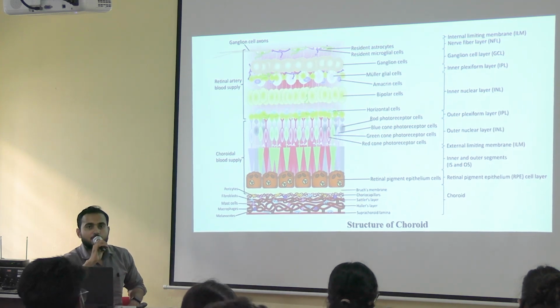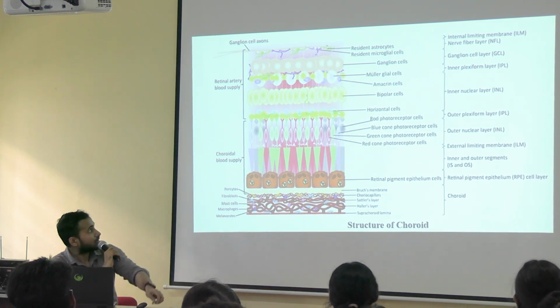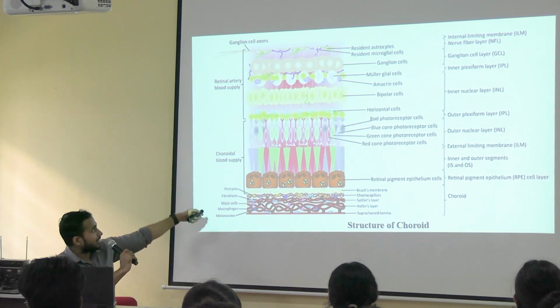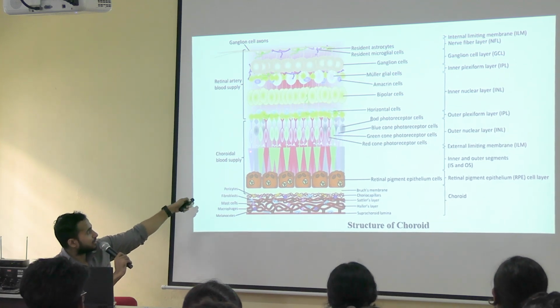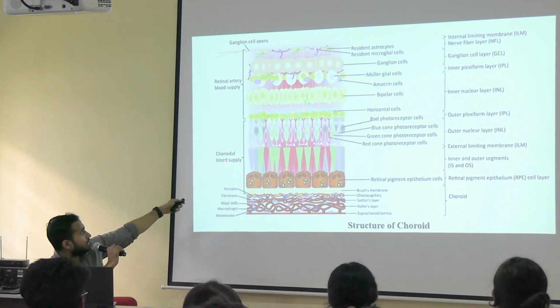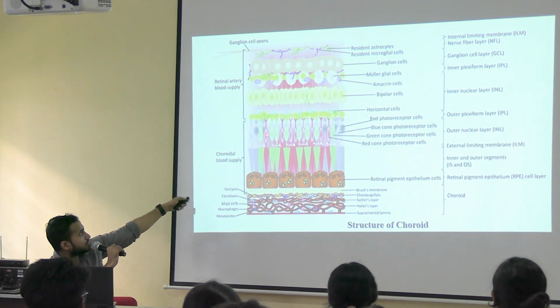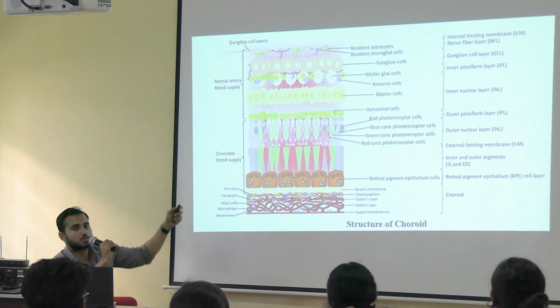So this diagram you have to draw. Up to this much you can draw in the practical notebook, showing the choroidal blood supply. This particular part you don't have to draw.